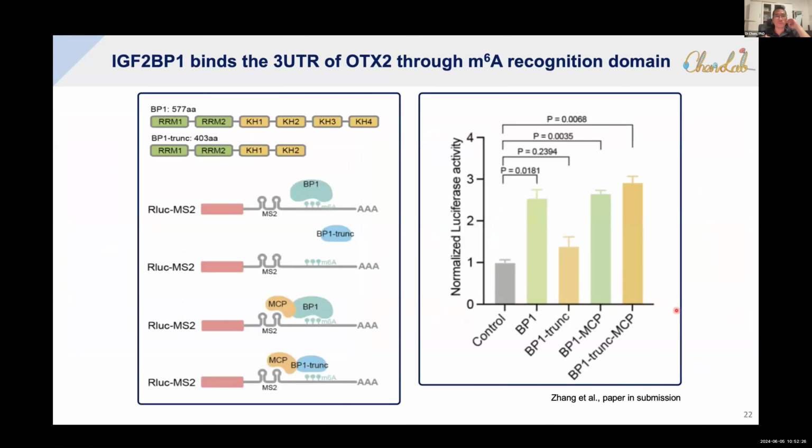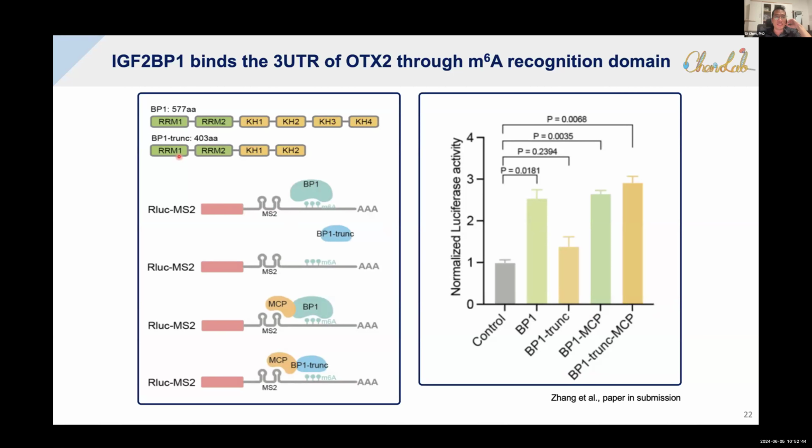And also in order to prove that the binding of BP1 to the OTX2 3' UTR is M6A dependent and is critical for the regulation of the stability of the OTX2 mRNA, we designed the following experiment.